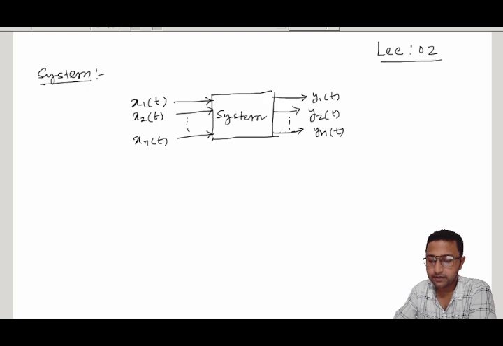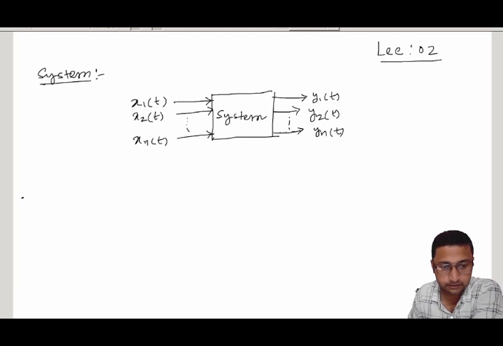Now, different types of systems are there. The first one is continuous time system and discrete time system.